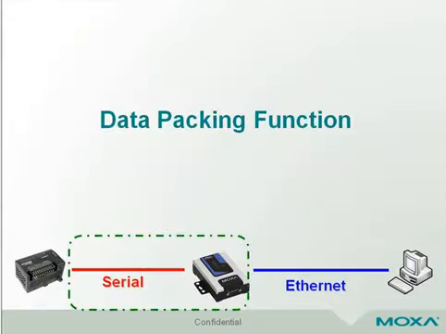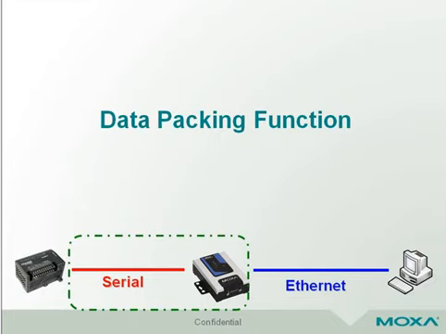As we know, NPort has 2 different interfaces. One is serial, the other is Ethernet. When using NPort, users may face some problems more or less, because serial communication behavior is not all the same as Ethernet. In order to solve it, we have advanced functions. Today, we will learn one of them that we call the data packing function.